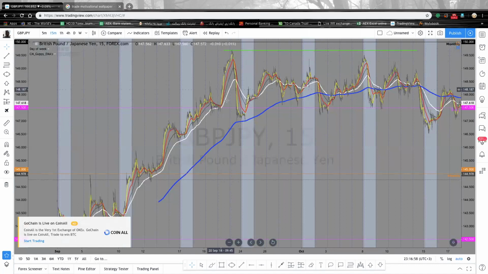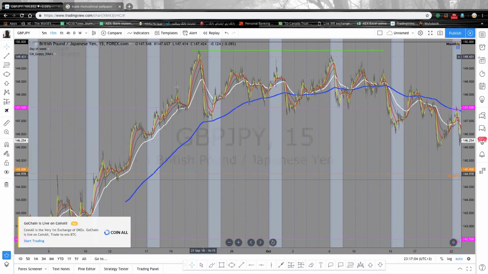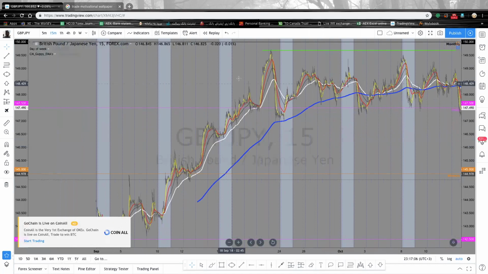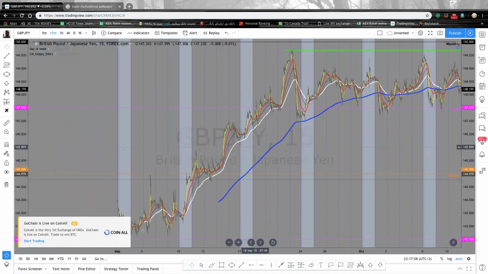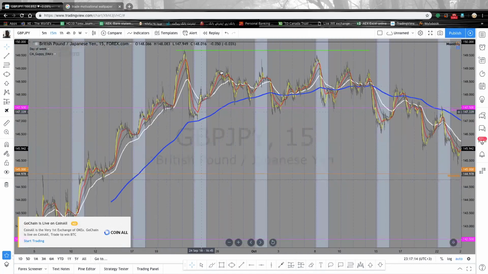That's what is happening. You had this giant movement to the high, and then suddenly one of the biggest drawdowns that this pair ever had in these couple of weeks. So the market comes back and starts working this high.